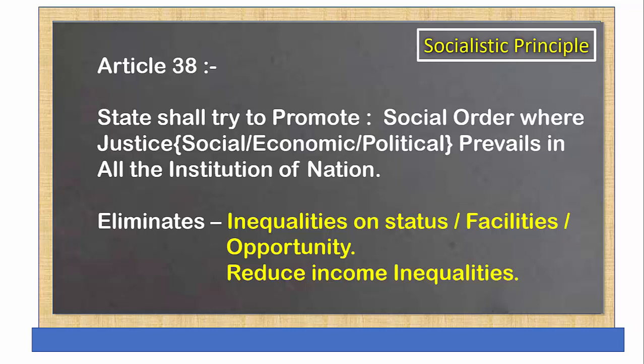As you all know, political rights are provided by the fundamental rights, so social and economic justice is provided by the DPSP. So the state shall try to promote what? A social order where justice, social, economic and political, prevails in all the institutions of the country. Got it? And at the same time, it will eliminate what? Inequalities of status, facilities and opportunities, and reduce income inequalities.